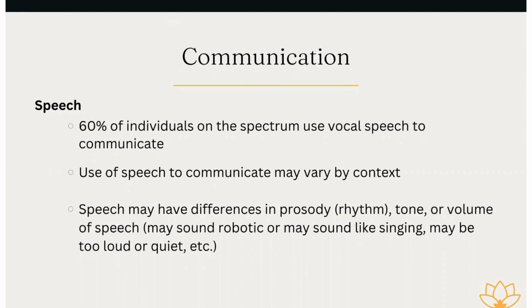A child on the autism spectrum might be able to speak to communicate with some people or in some settings and not in others. Depending on the context, what the activity is, where the location is, who they are with, they might be more or less willing or able to use their speech to communicate.